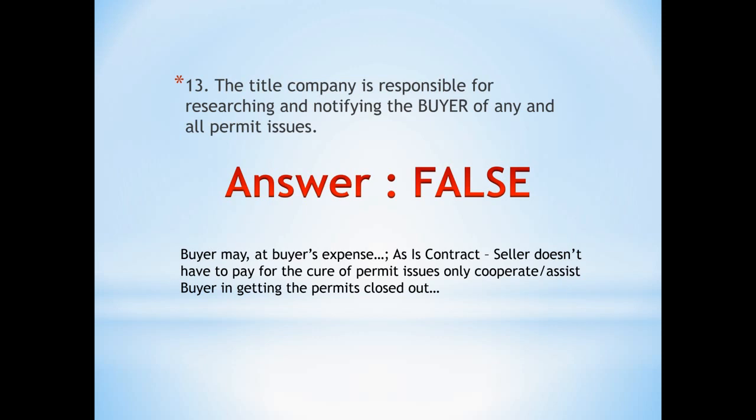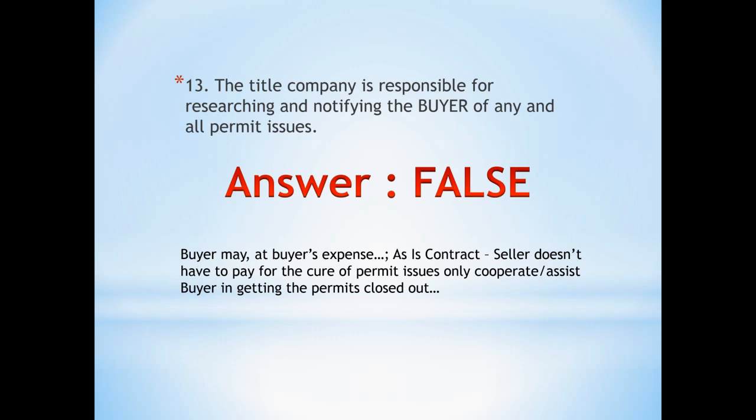There's no specific permit inspection in the FAR/BAR contract, or the FAR/BAR as-is, but the parties, meaning the seller, are required to cooperate with the buyer to identify any open permits and assist in the buyer getting those closed out, or the buyer can just waive all of that.